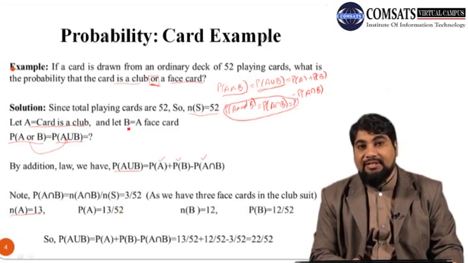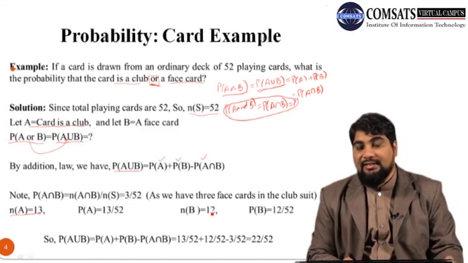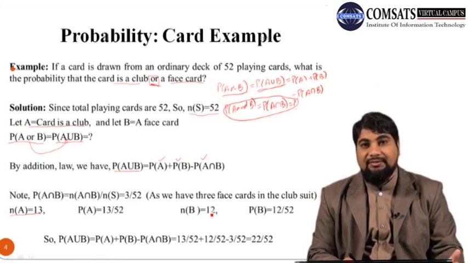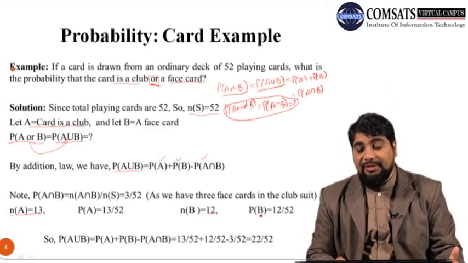Similarly, B is a face card. Face cards are Jack, Queen and King, so 3 face cards in one suit. Since there are 4 suits, 3 times 4 is 12 face cards in total, so probability of B is 12 divided by 52.